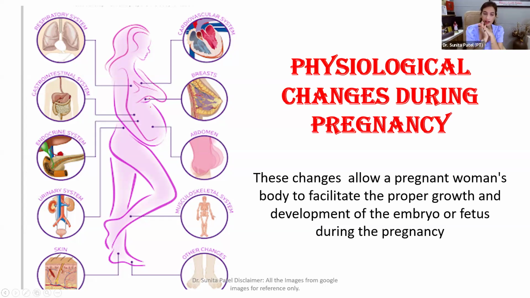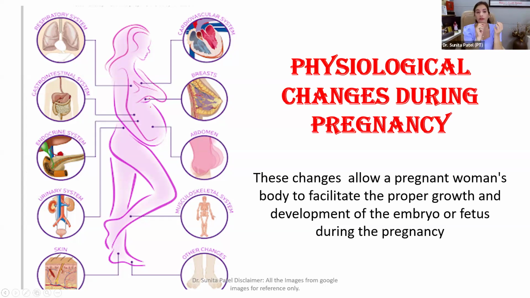So let's understand that as soon as pregnancy happens, pregnancy means that implantation of the fetus happens and the placenta will form. So what is the first thing which is going to happen in our body as a woman? The first thing is placental development, meaning the connection between the mother and the baby.